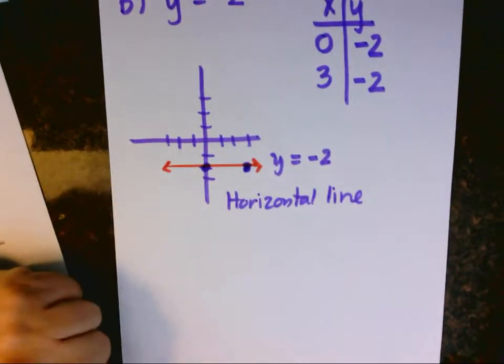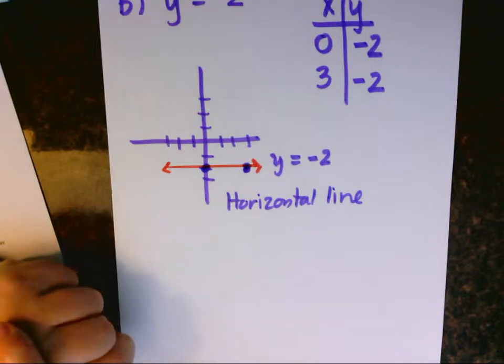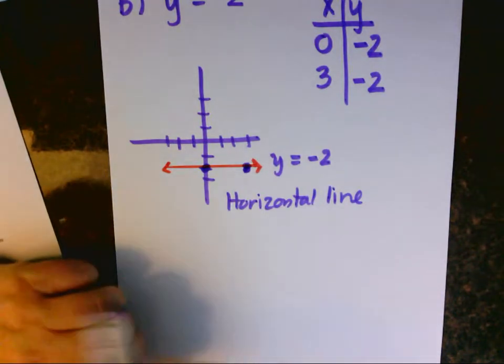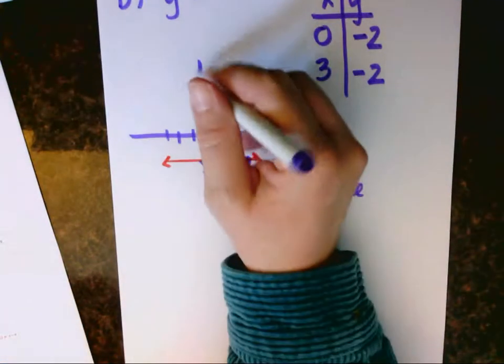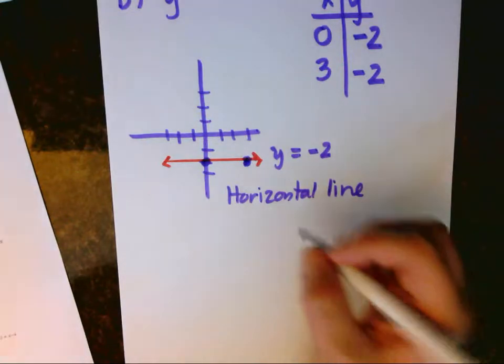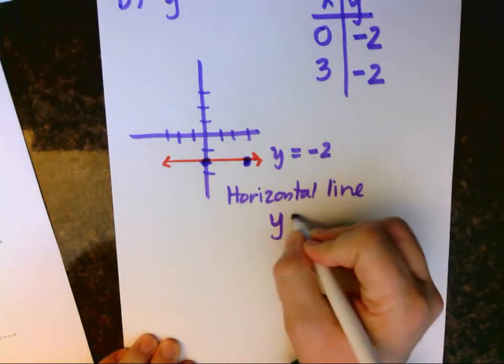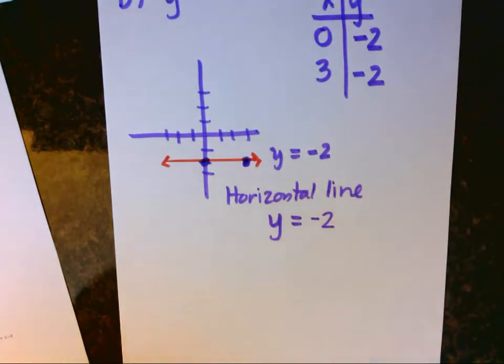And we'll be talking about slopes soon. You can see that this would have slope 0 because it's flat. It doesn't go up or down at all. It has only an intercept on the y-axis, and all horizontal lines are written y equals something. In this case, y equals -2.